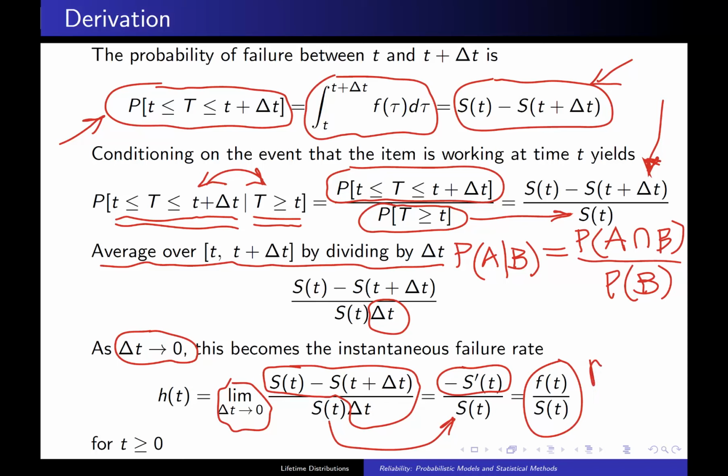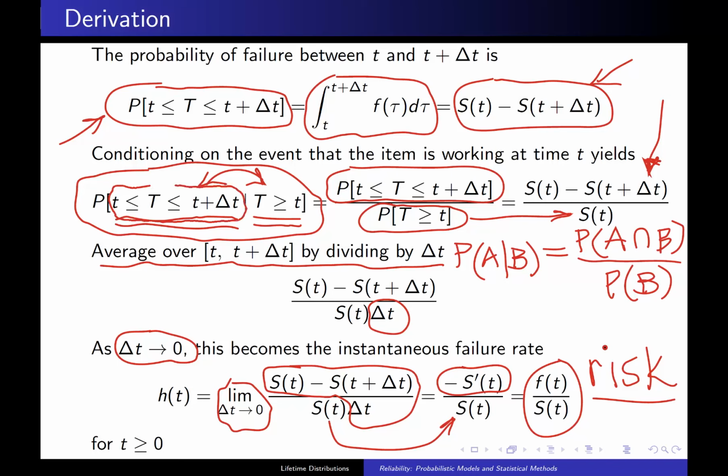Now the last question to be answered in the derivation is, why is this referred to as risk? Well, if you go back to this conditional probability, given we have an item that has survived to time t, if its probability of failure in the next instant is small, then its risk of failure is small.